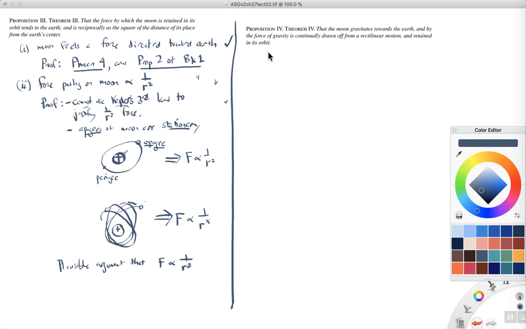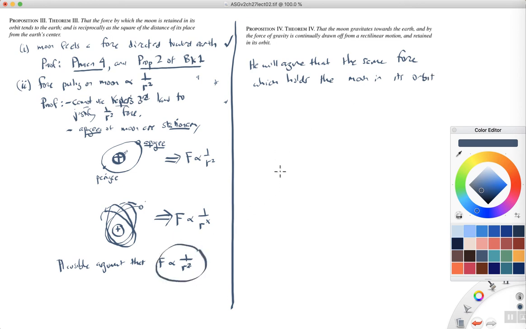And in the paragraph right after this, he will argue that the same force which holds the moon in its orbit, this 1/r² kind of force that he developed in proposition 3, that force also causes terrestrial objects like rocks and apples to fall.